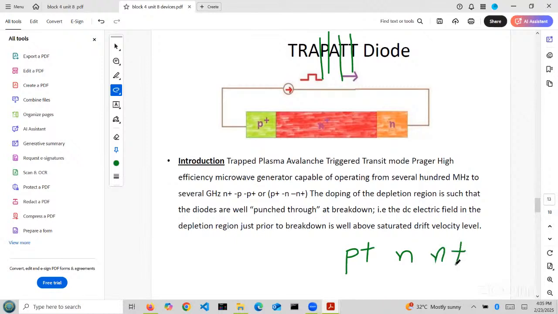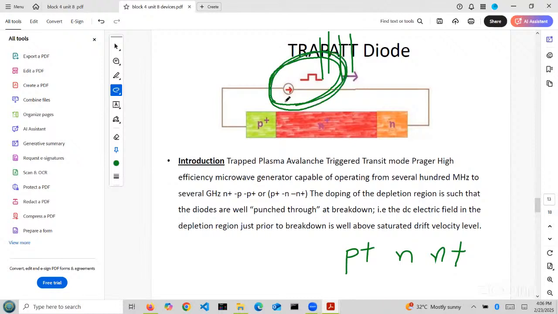To this one, I am applying a DC supply voltage. Either we can connect a voltmeter or a current meter. To this P plus and N, I connected a current meter.